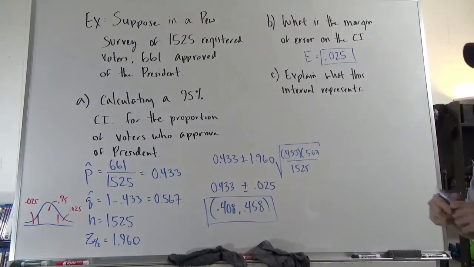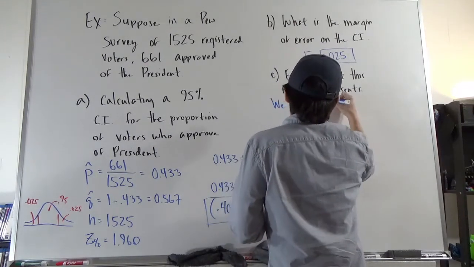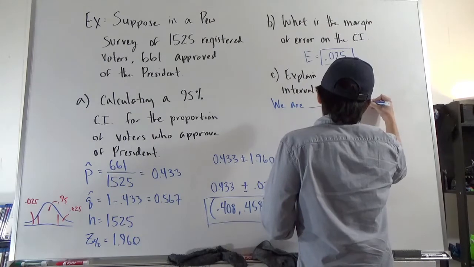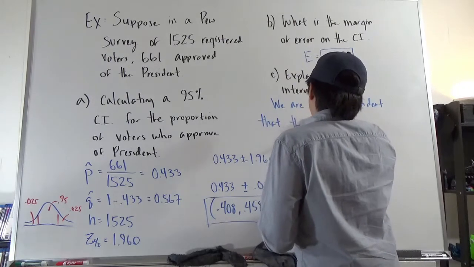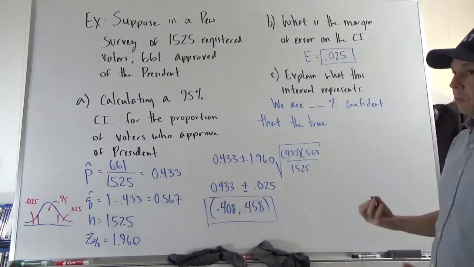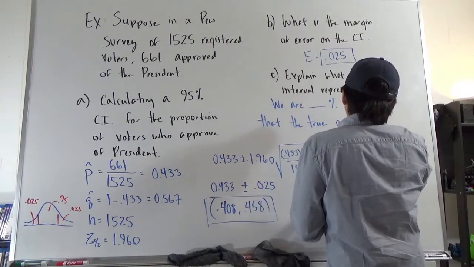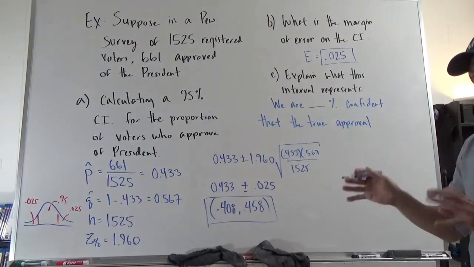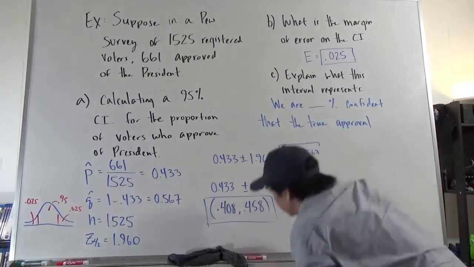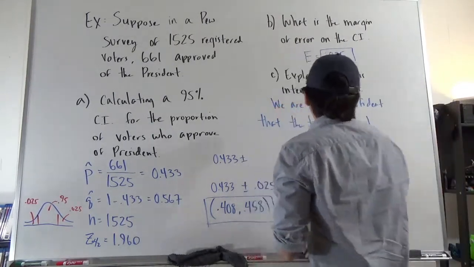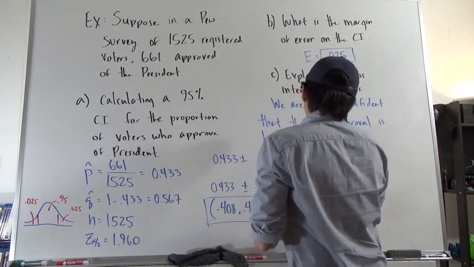And the template you can follow again: we are blank % confident that the true proportion of voters who approve of the president, I'm just going to put the true approval. Sometimes they call it approval rating. That's more of a political shorthand for that. But I'm just getting tired of writing, to be honest with you. I need room though. Is between blank % and blank %.